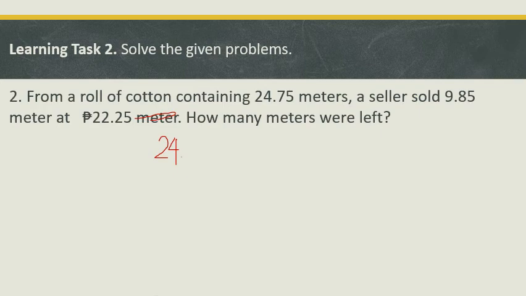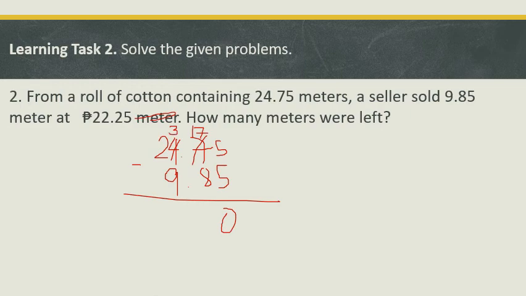So, 24 and 75 hundredths. Ito pa ay subtraction. 9 and 85 hundredths. So, 5 minus 5 is 0. 7 minus 8 hindi pwede. So, ito po ay gagawing 17. Ito ay magiging 3.